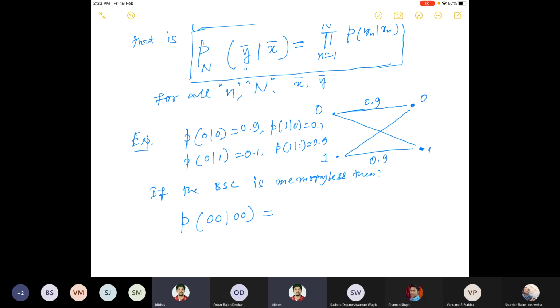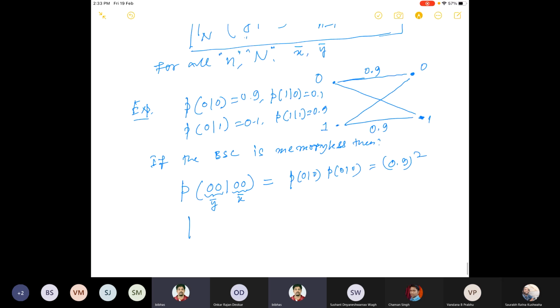Here x bar is 0 0, and this is y bar. If it is memoryless, this would be equal to probability of 0 given 0 times probability of 0 given 0, which is 0.9 whole square.